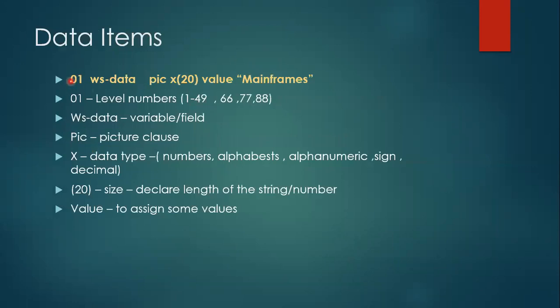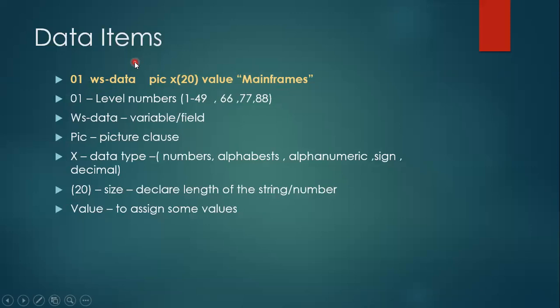If we want to define a variable name, we declare it like this: 01 WS-DATA PIC X(20) VALUE 'MAINFRAME'. Suppose you want to store a string. In C, C++ and others we use int A, int B, maybe.